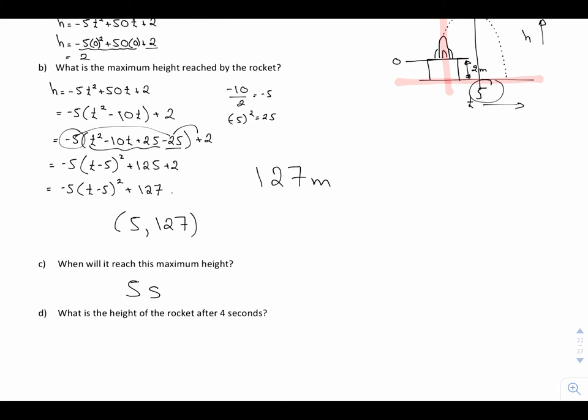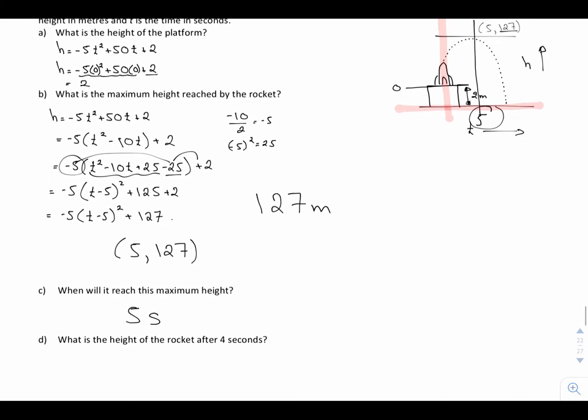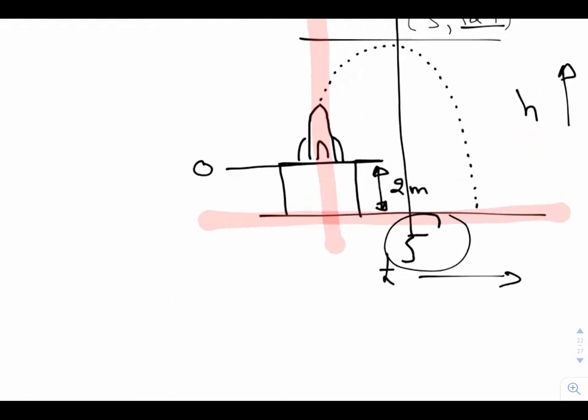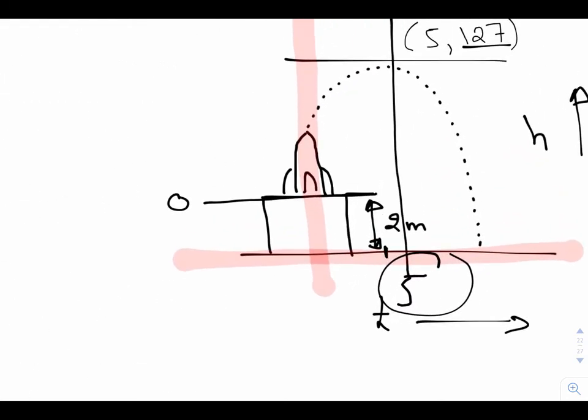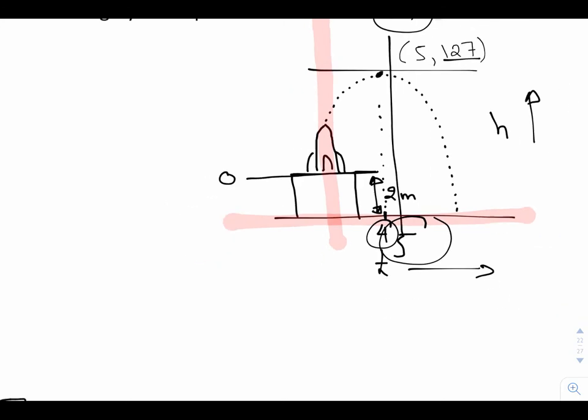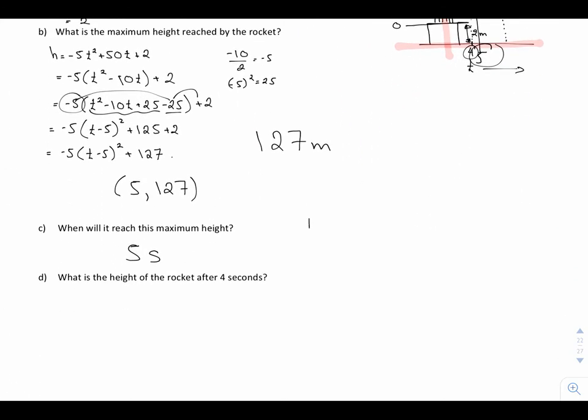And last question, the height of the rocket after 4 seconds. Well, 4 seconds is just a little bit before 5 over here. All I have to do is take that value, substitute it into the equation, and what it'll give me is the height of the rocket at 4 seconds. So here's what I'm going to do. I'm going to take my equation and replace the t with 4.